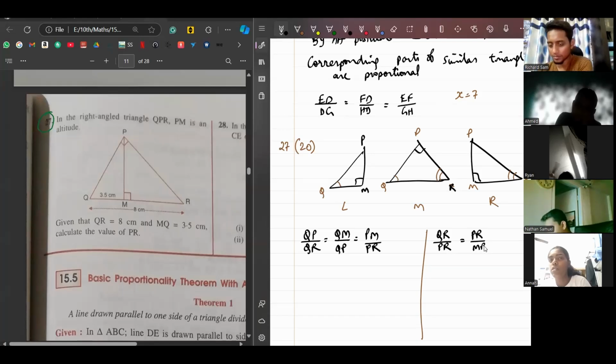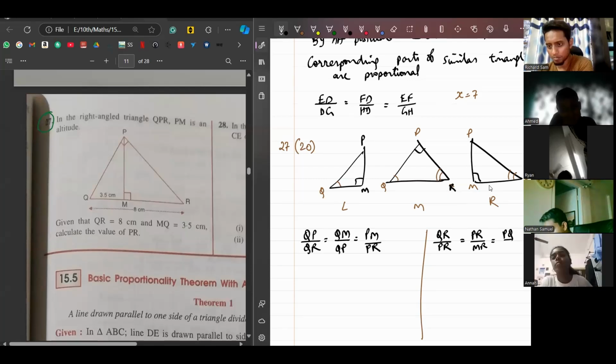MR. It's between the 90 and the known angle. And then the third remaining one is what? Unknown QP. And here, which one is that? PR or PM? PM. It's between the 90.